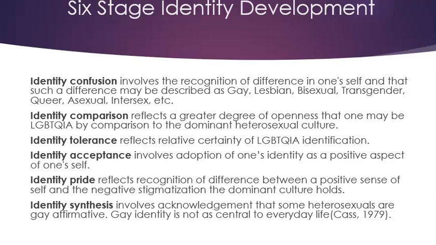Identity pride reflects recognition of differences between a positive sense of self and the negative stigmatization in the dominant culture. And then identity synthesis involves acknowledgement that some heterosexuals are gay affirmative.